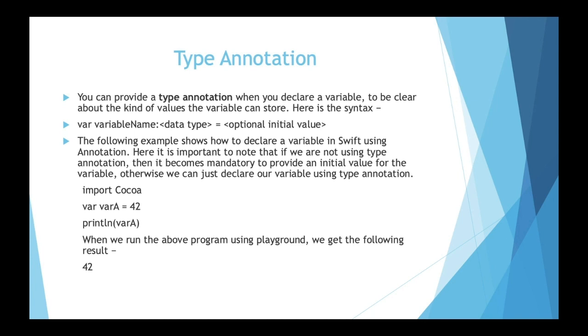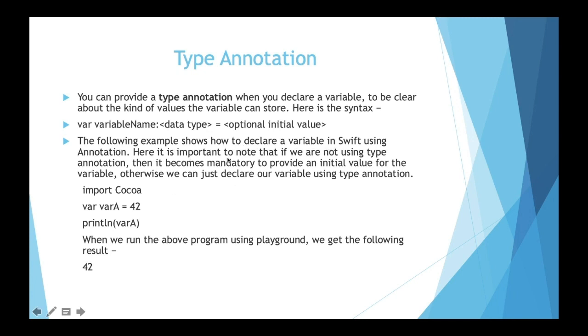Next is type annotation. Type annotation means when you are declaring a variable and also defining its data type, you are giving its type annotation. The following example shows how to declare a variable in Swift using annotation.